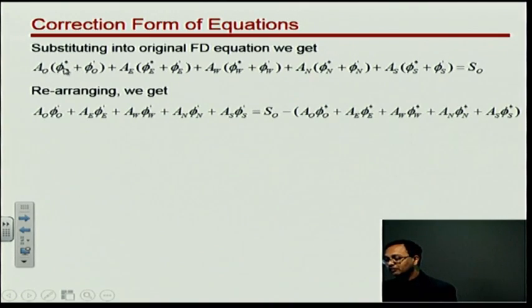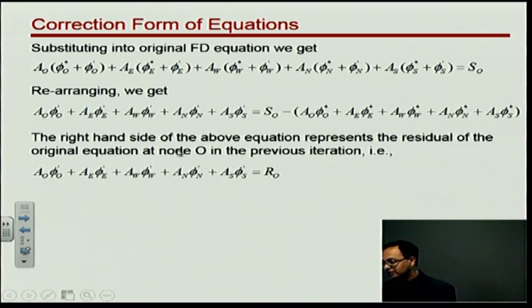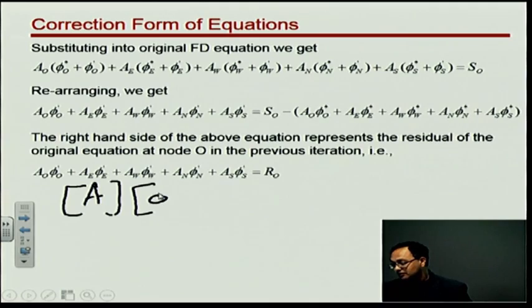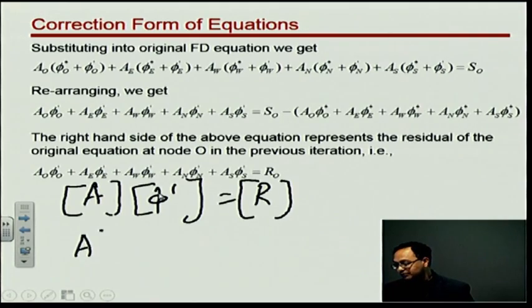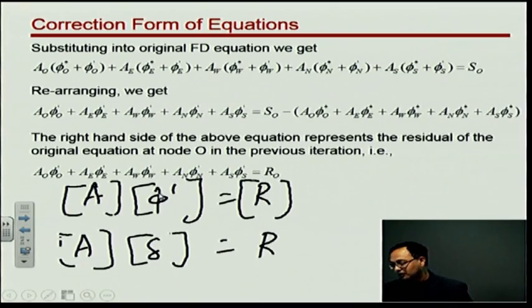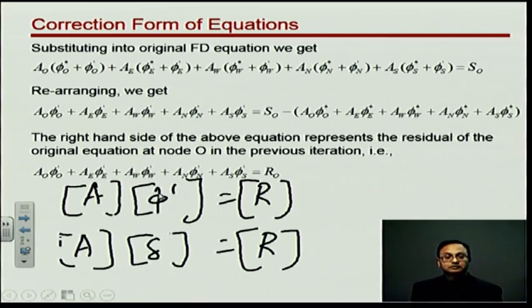We plugged in phi star plus phi prime, and then we ended up with this equation, which is nothing but, if you think about it, A times phi prime is equal to R. In Stone's notation, this would be A times delta is equal to R. So that's the correction form of the equation written in matrix form.